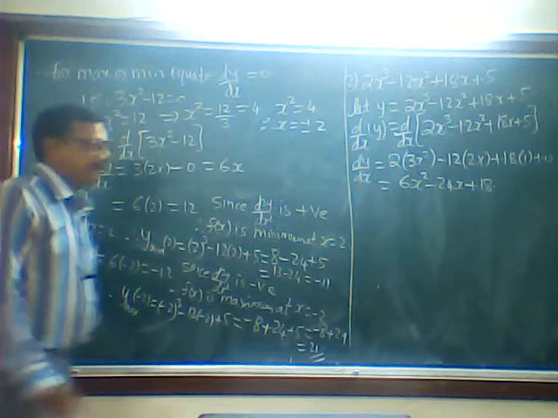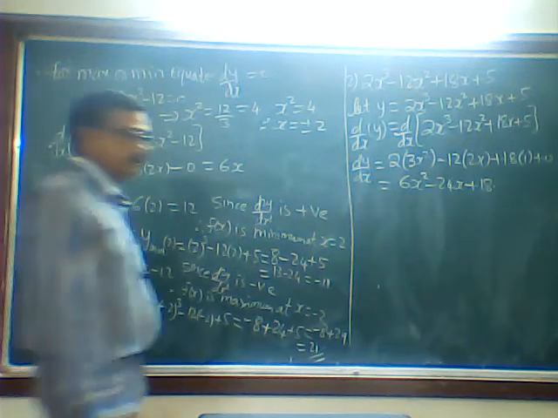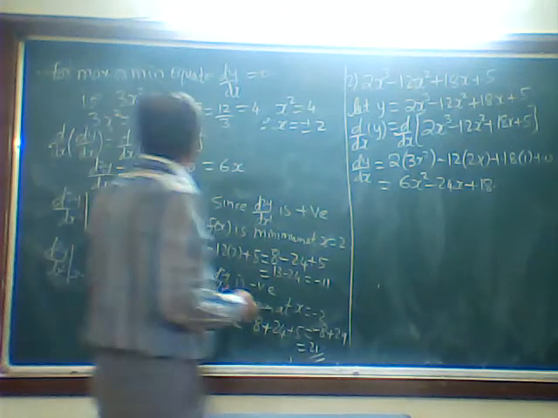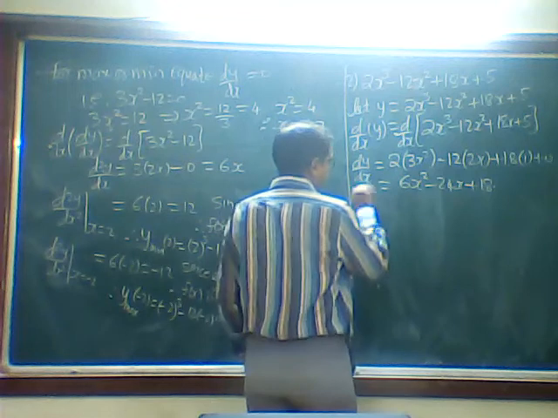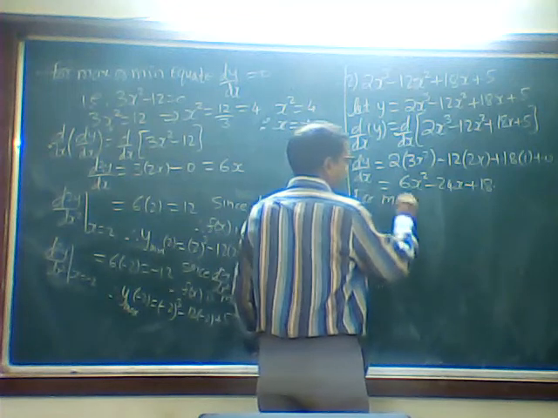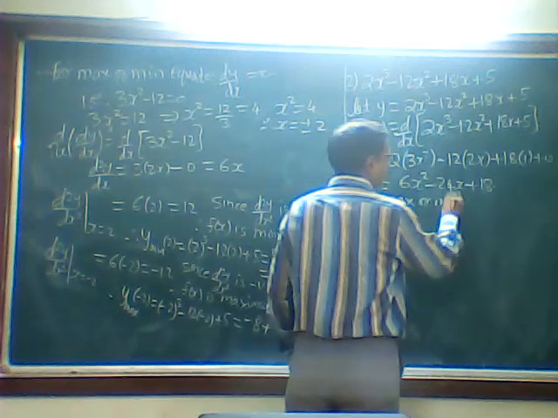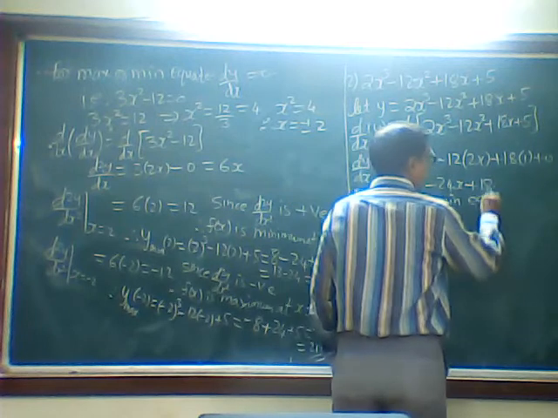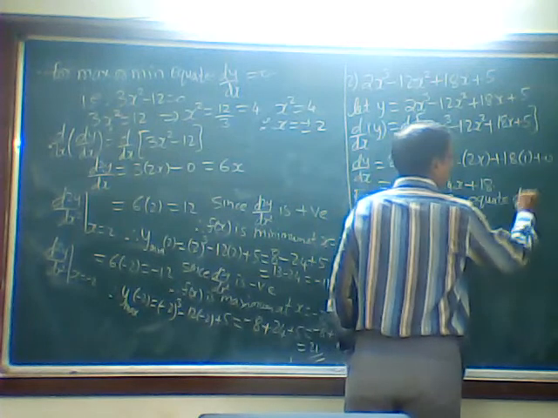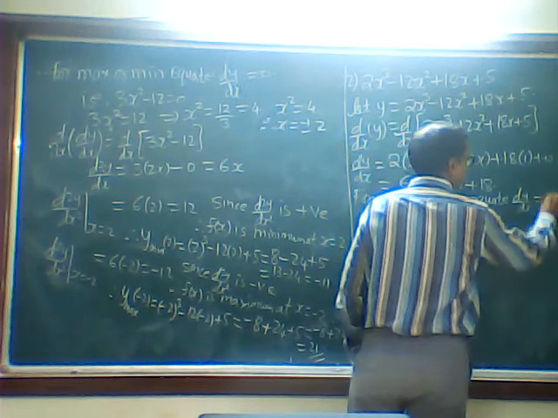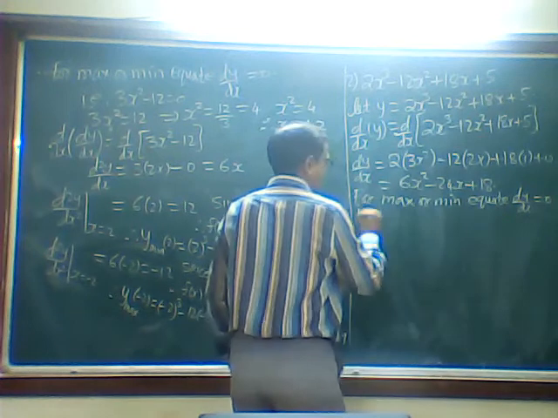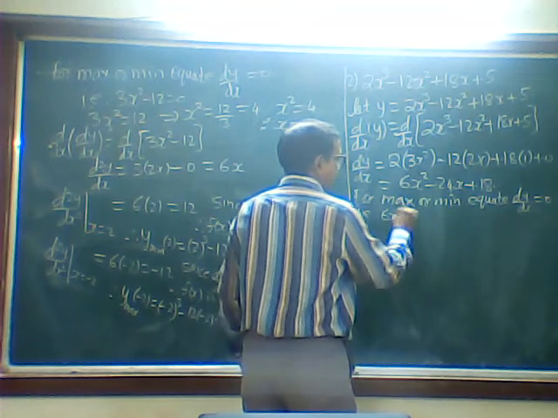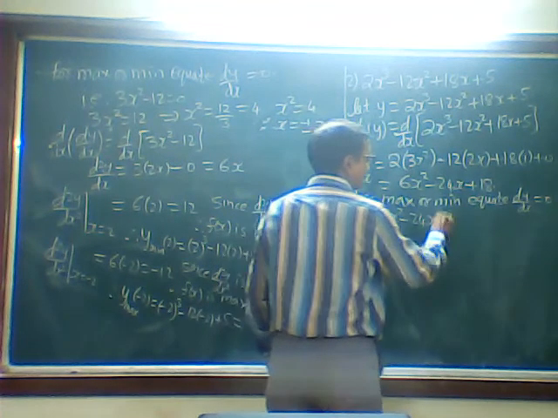Okay. Next, we have to find out the values of x. So for maximum or minimum, equate dy by dx is equal to 0. That is 6x square minus 24x plus 18 is equal to 0.